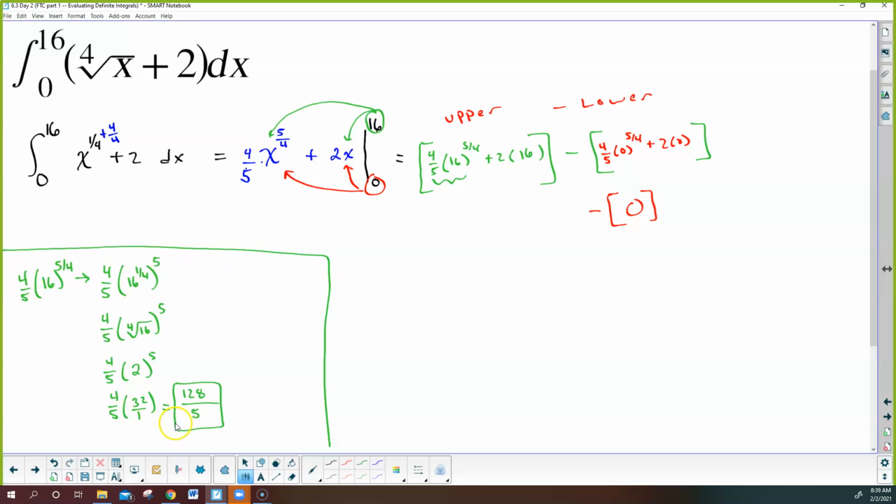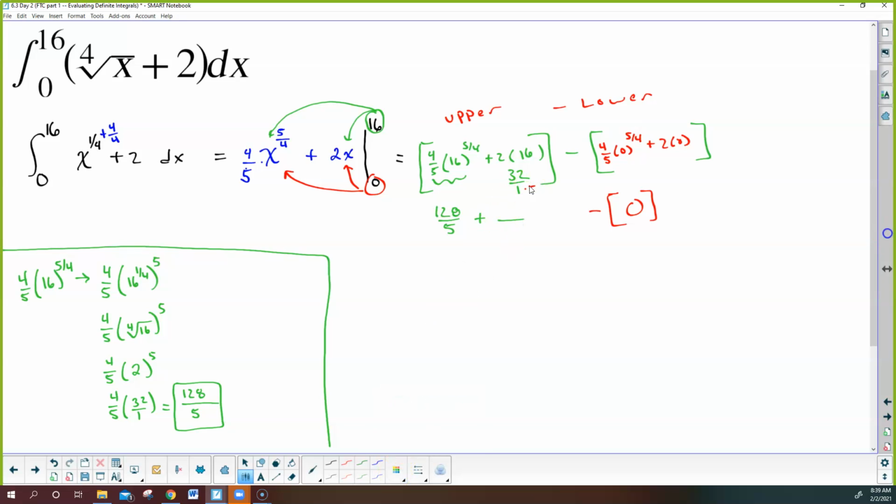So all of that work, they do expect you to do without a calculator, and that's what this turns into. And then I know this is going to be 32, but I'm going to think of that as 32 over 1, and I want to make this so it has the same denominator.